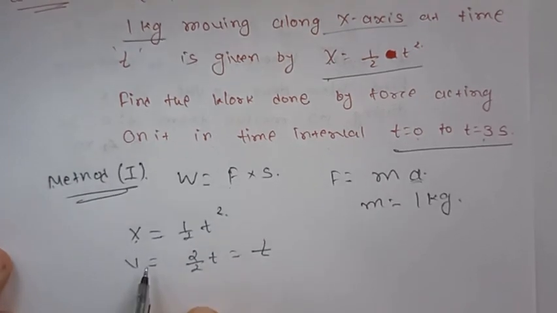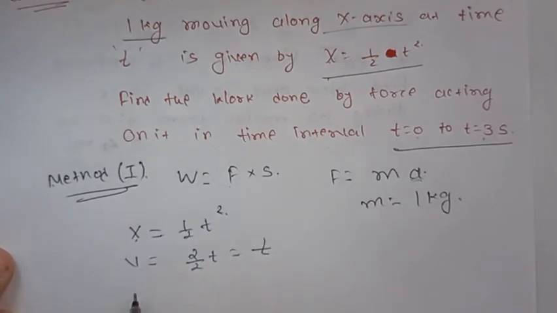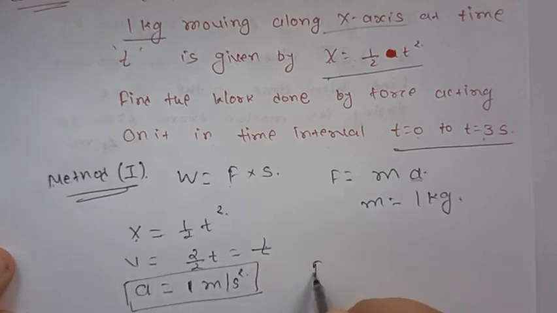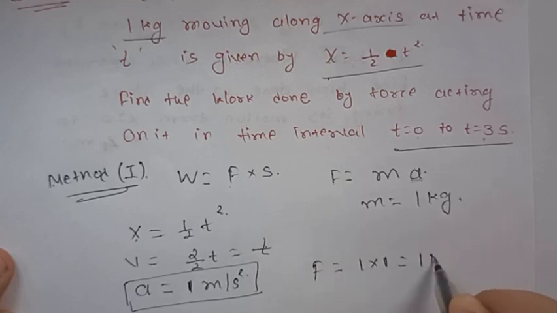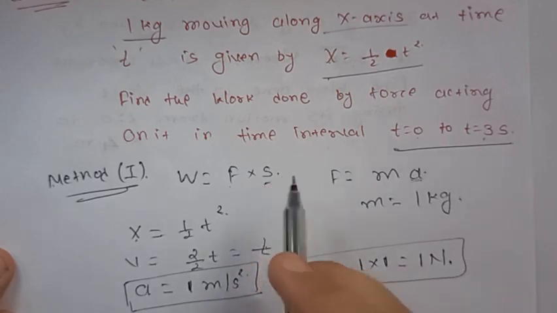Again differentiating velocity with respect to time, we will get acceleration dv by dt, which will be equal to 1. So acceleration is 1 meter per second square. So force will be 1 into 1, that will be equal to 1 Newton.